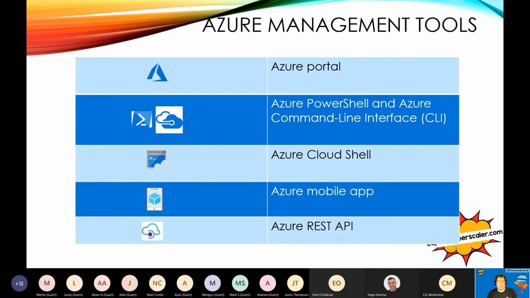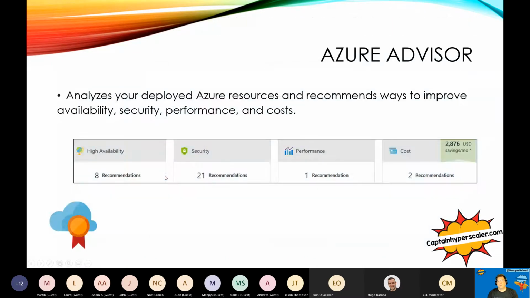You can go use the mobile app, and you can also run some PowerShell scripts within there as well. So very helpful when you're on the go. And then as well, Azure REST APIs, the ability to utilize third-party services such as Visual Studio to deploy your code and to connect to Azure resources.